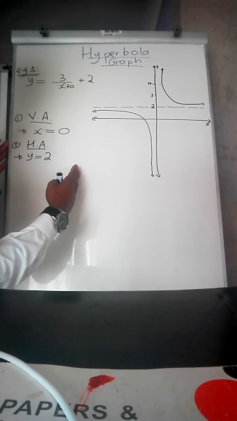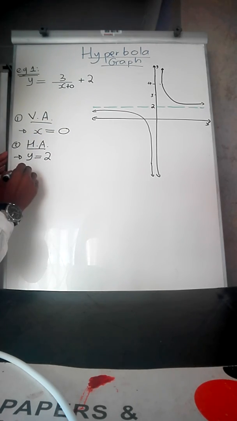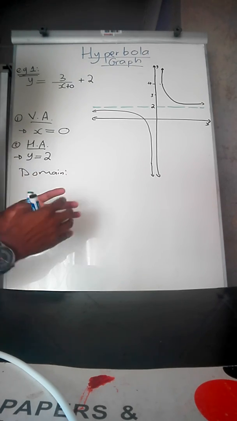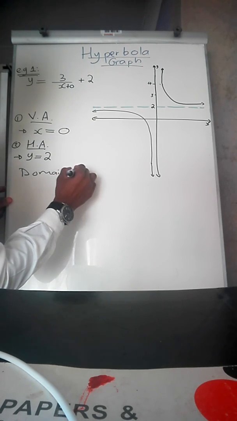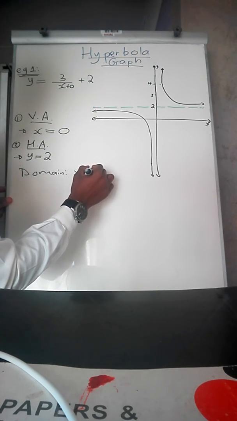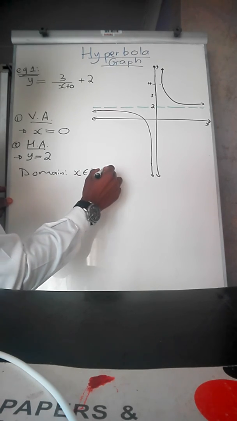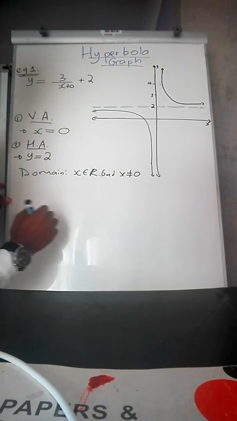So we've identified that. It means we can now produce the range and the domain. This is going to be the domain. The domain, we said, is the possible values of x. So this is going to be x is an element of real numbers, but x is not supposed to be the asymptote in this case.